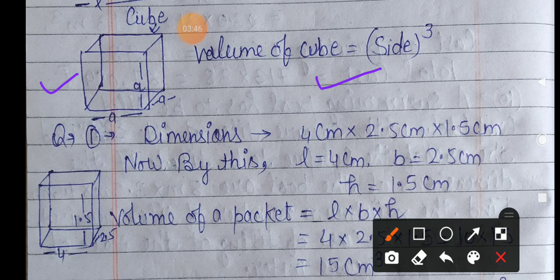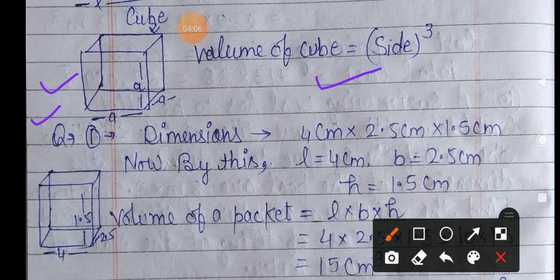So now you understand how to find the volume, what the meaning of volume is, and which formula is used when you have to find the volume of a cube and cuboid. Now I have to discuss your question number 1. Take your book and read this question.